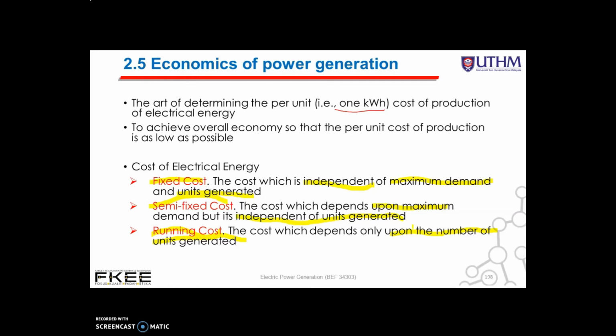Since these charges depend upon the energy output, the running cost is directly proportional to the number of units generated by the station. In other words, if the power station generates more units, it will have higher running cost, and vice versa.